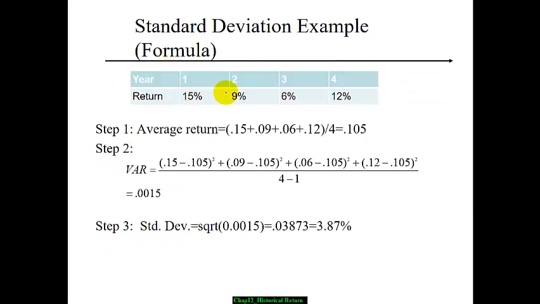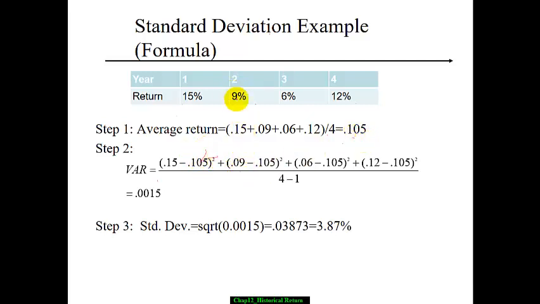Here is one example. You are given 4 annual returns. So how do we figure out a standard deviation? Step 1, we add them up, divide by 4 to get the average return. Step 2, we plug into the variance formula. Use the annual return, subtract the average return, then take the square.